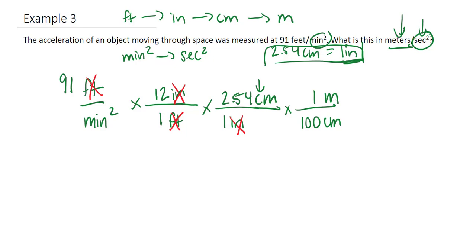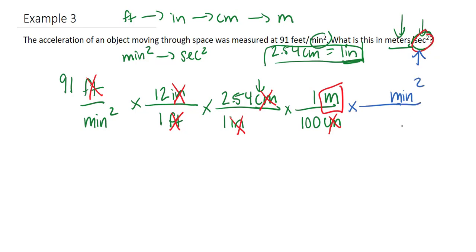We did it. But now we need to deal with our seconds squared. So let's use a different color. Now, going from minutes squared to seconds squared, notice that the seconds squared needs to be on the bottom. And we need to get rid of the minutes squared, so we place the minutes squared right there.